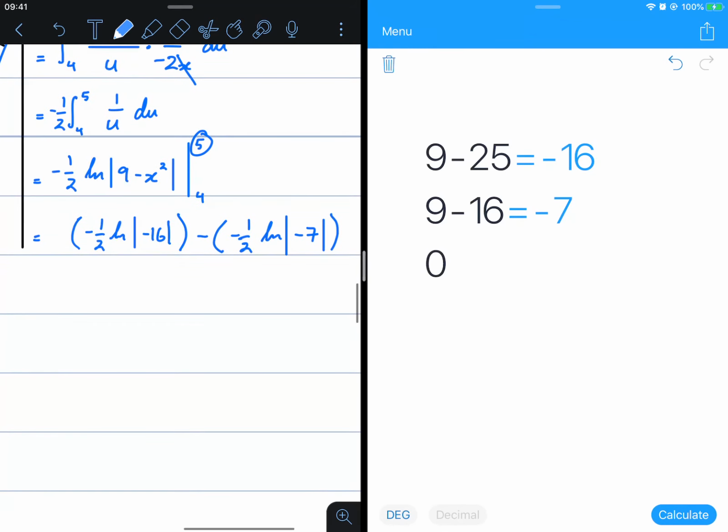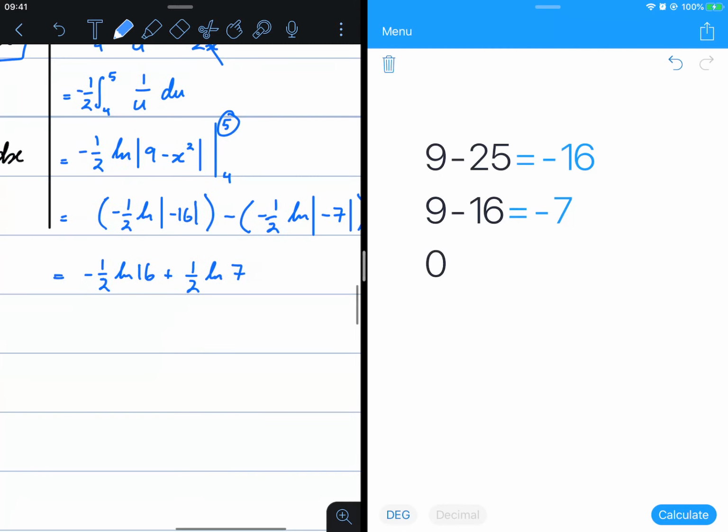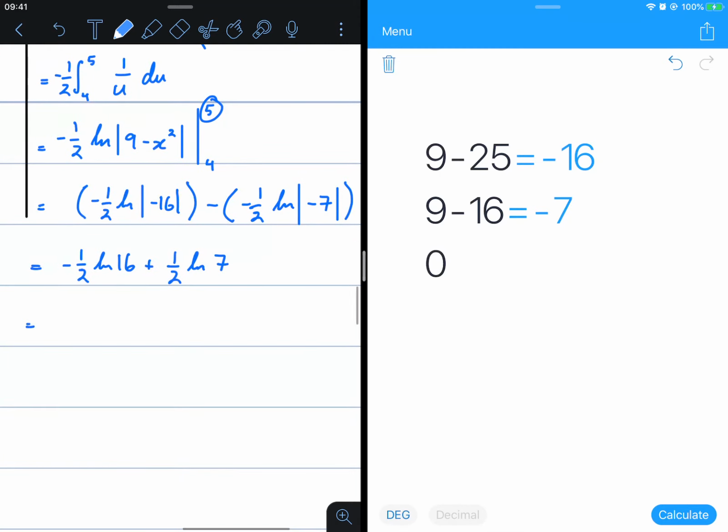So this is really negative half ln of 16 plus half ln of positive 7. Going to factor out the halves, so let's factor out a negative half actually.